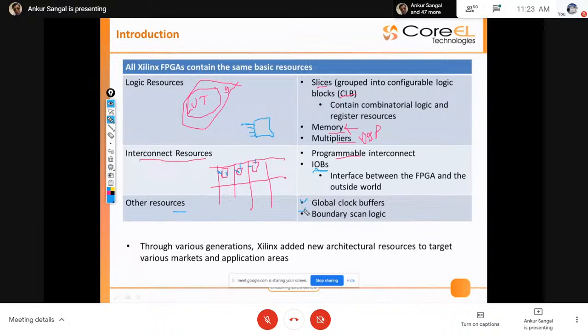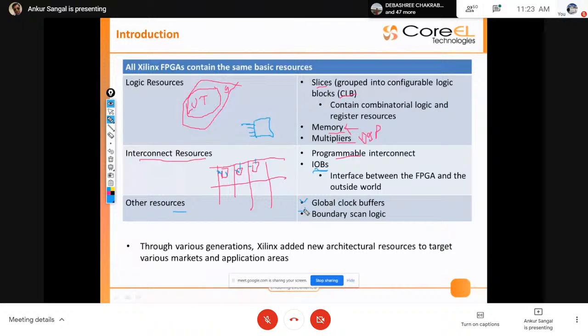You cannot change them. Similarly, your clock buffer pin is also fixed. With the help of this global clock buffer pin, you can easily maintain your clock. Like if you want to give any delay in your clock path, you can easily manage these things.